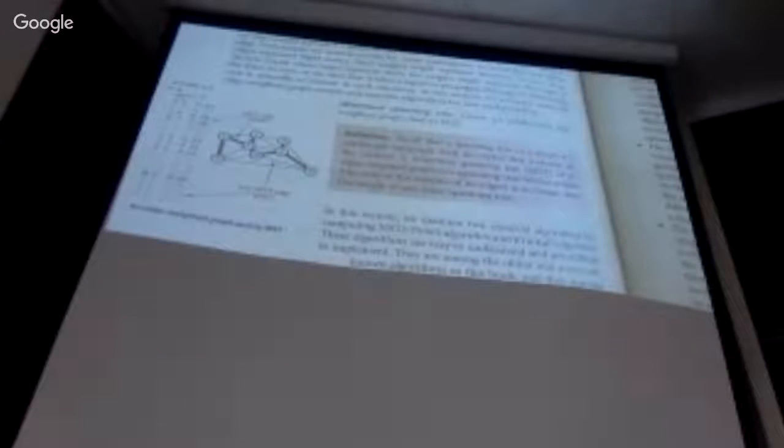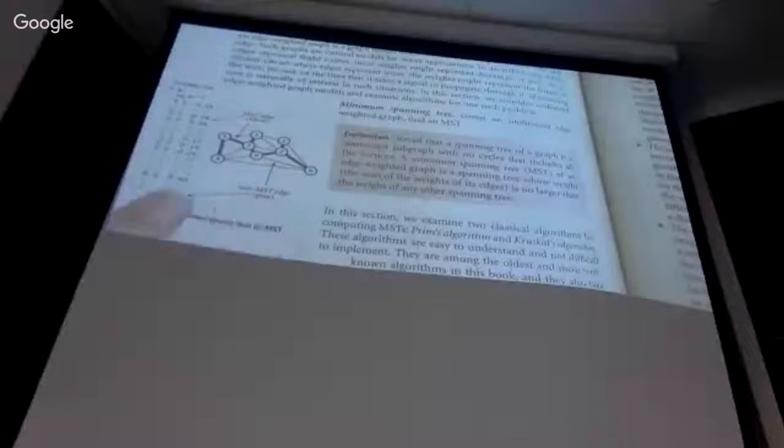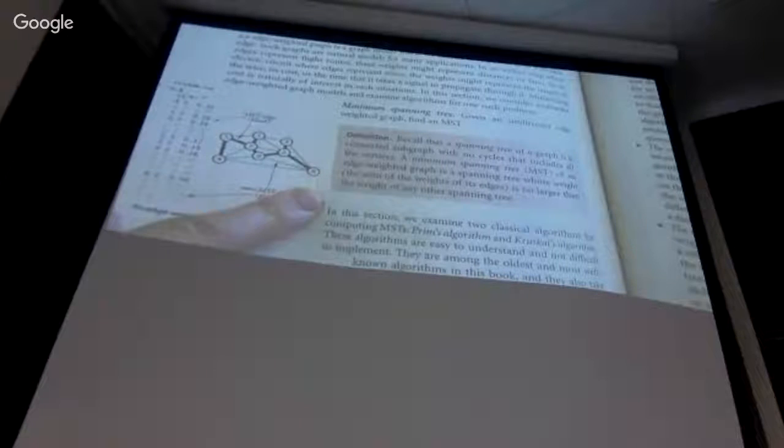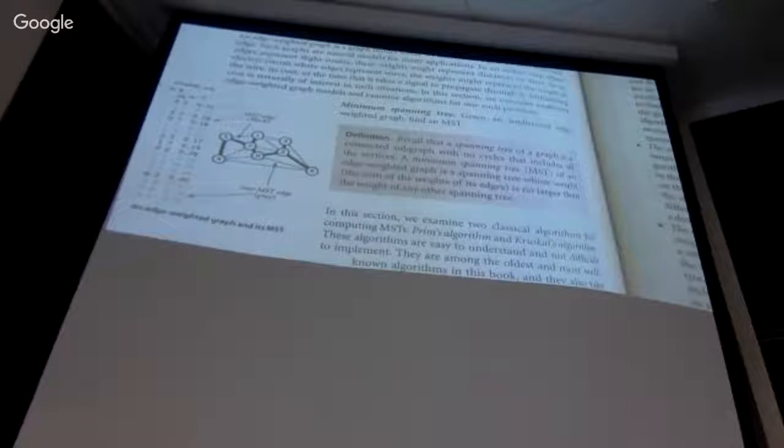Why would that be? Well, in a minimum spanning tree, I'm looking at a graph. I visit all the nodes in the graph, so I have all the essential information about the application.